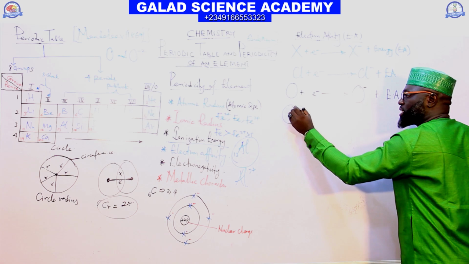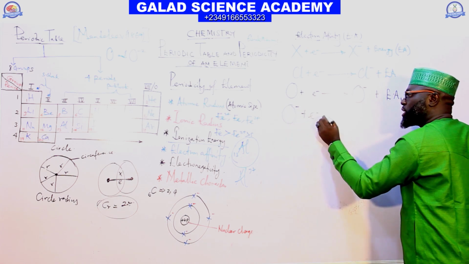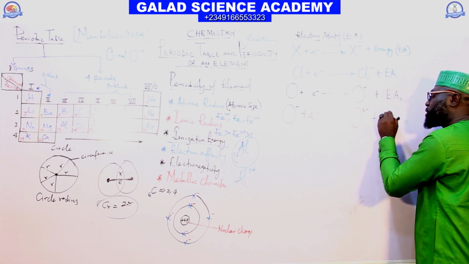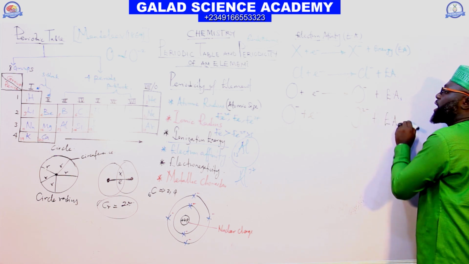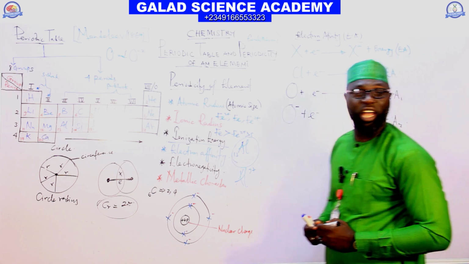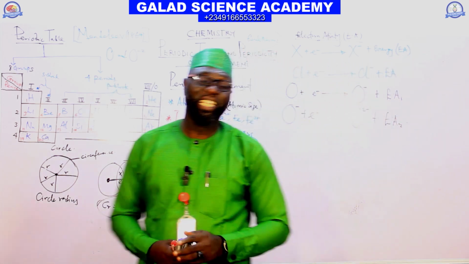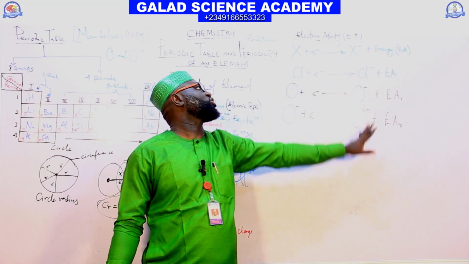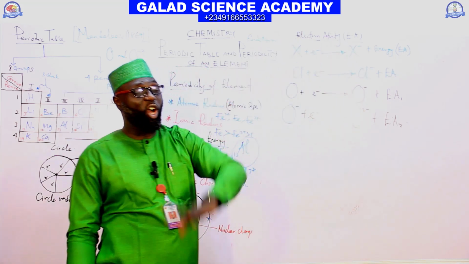We can also have O minus plus another electron to give us O 2 minus plus the second electron affinity. So electron affinity in short is the energy that is liberated when one mole of electron is being added to a gaseous atom, and it is the opposite of ionization energy.